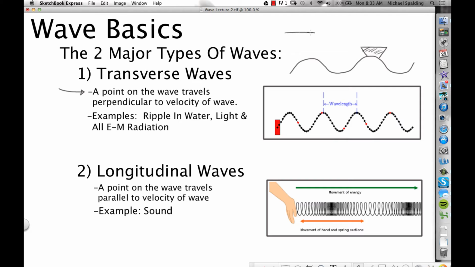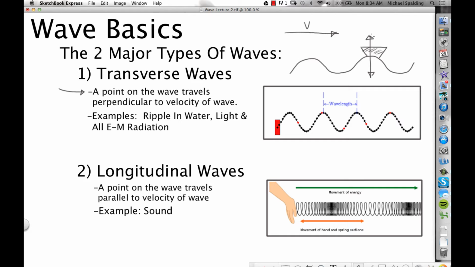The wave is moving like that. That's the velocity of the wave. When that wave hits the toy boat, is the toy boat going to be like boom, like that? What's the toy boat going to be doing? The toy boat is going to bob up and down, right? A point on the wave moves perpendicular to the velocity of the wave.